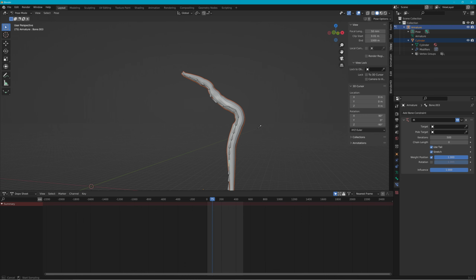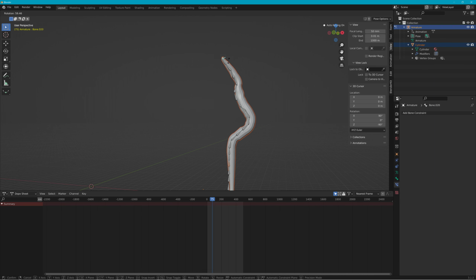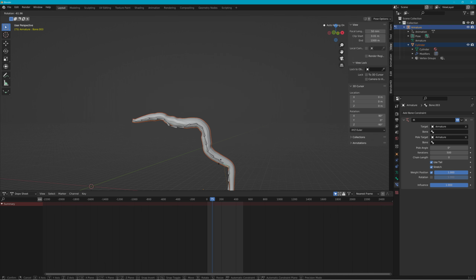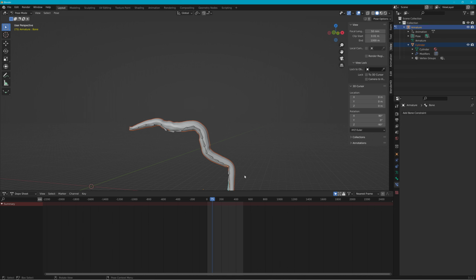You have to have a pole object. So I picked the top bone. Pick the bottom bone. Did that do it? I'm not sure. I mean, I see it did a pole.